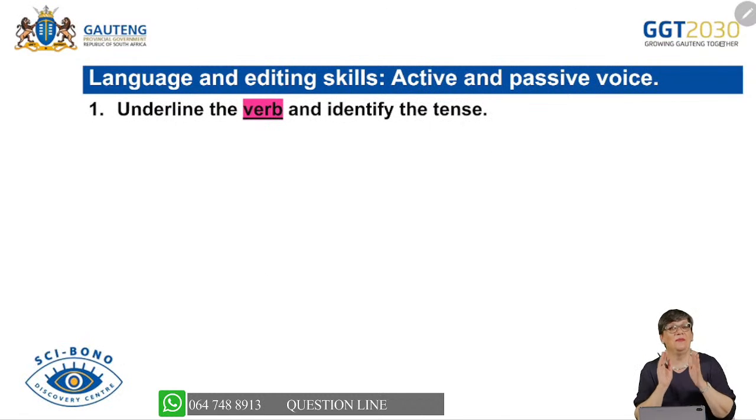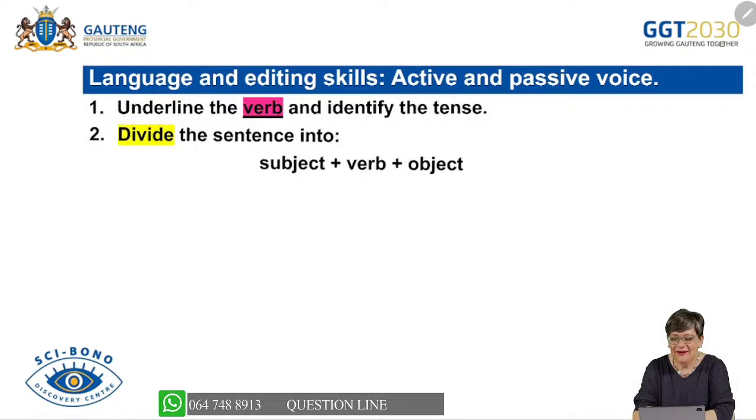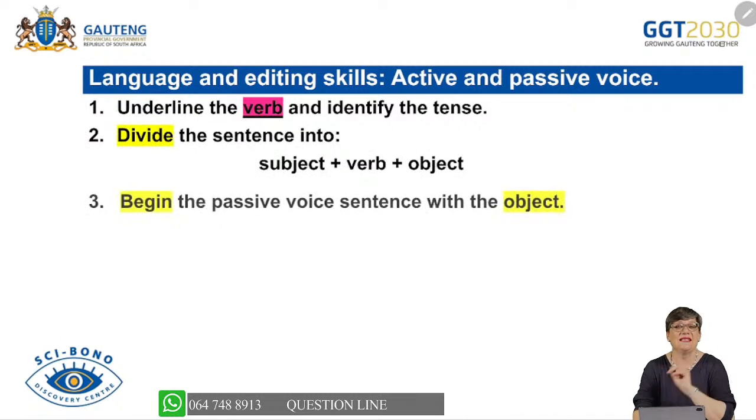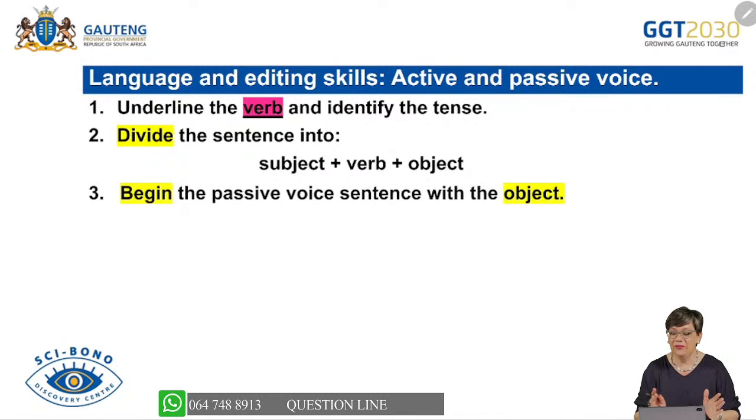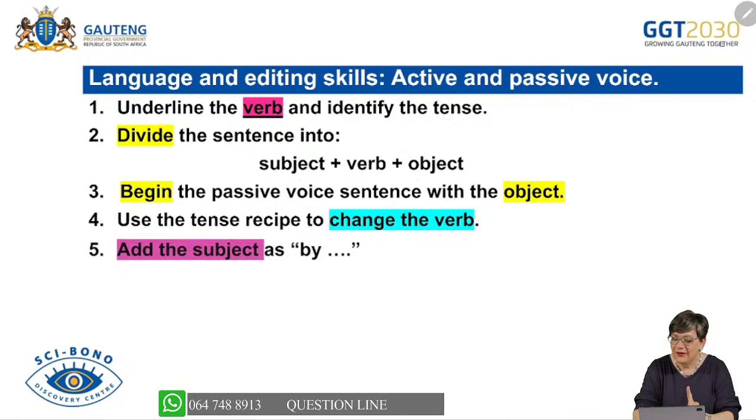Now, with active and passive, we've got a number of steps as well. But it works a little bit different than reported speech. Let me quickly show you. Always find the verb first. Divide the sentence so that you can see the subject, the verb, and the object. Then you switch places. In other words, your sentence then starts with your object. Change your verb and add by at the end.